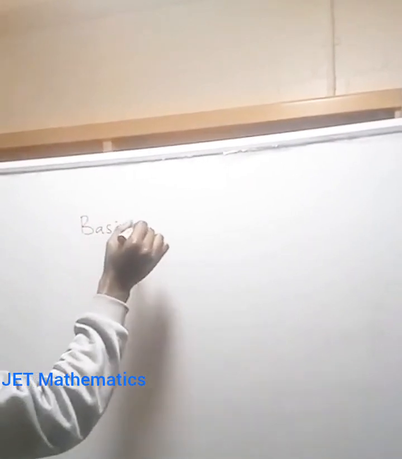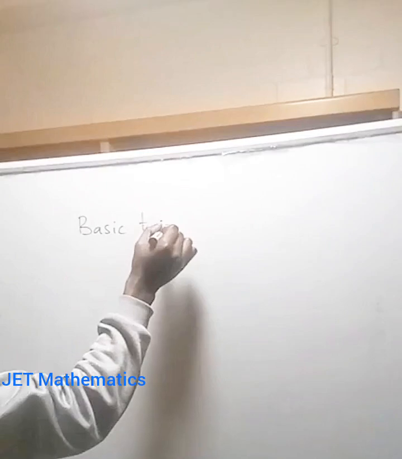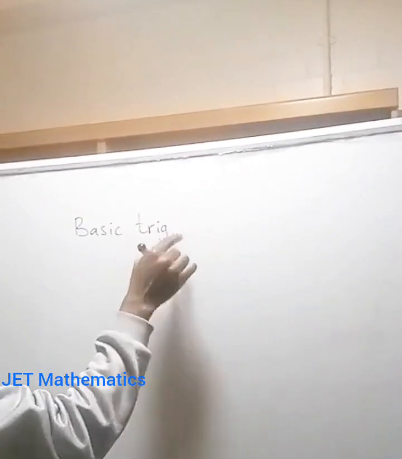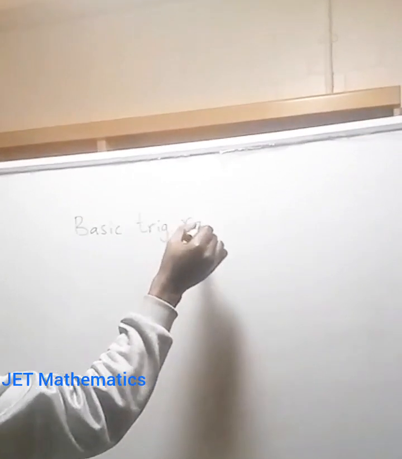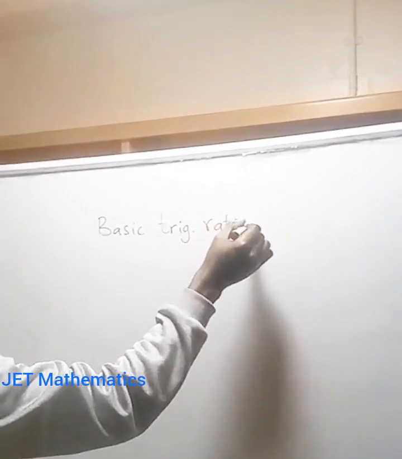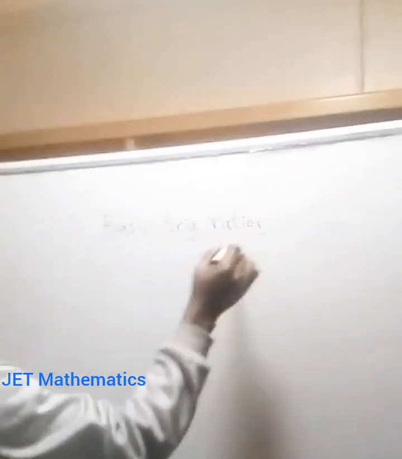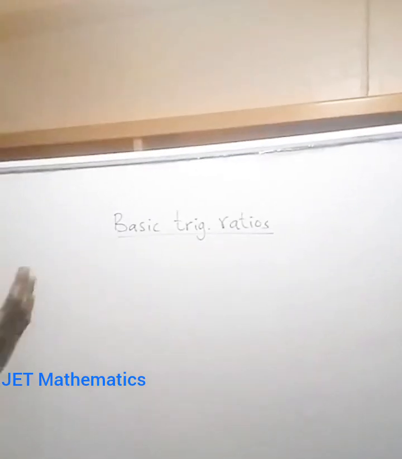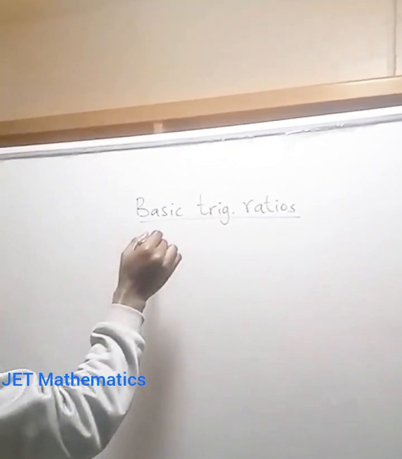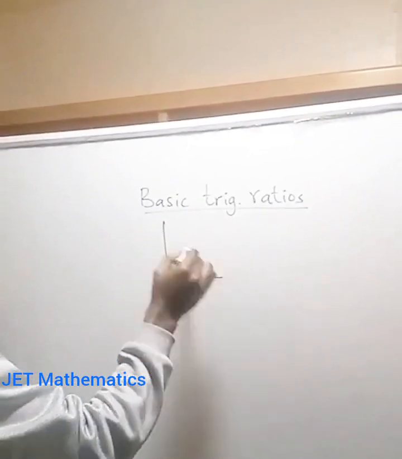Basic trig, I abbreviate trigonometrical ratios. So we have three of them. So let's draw our right angle triangle again.